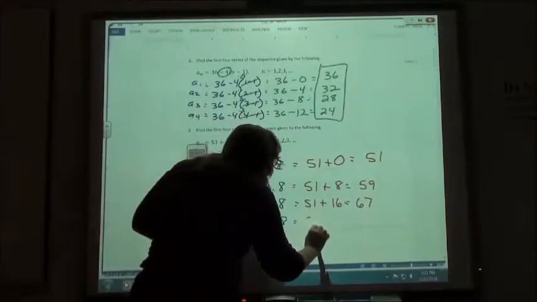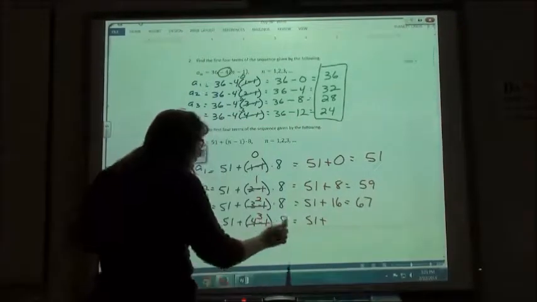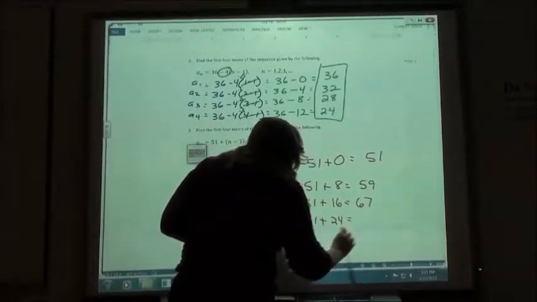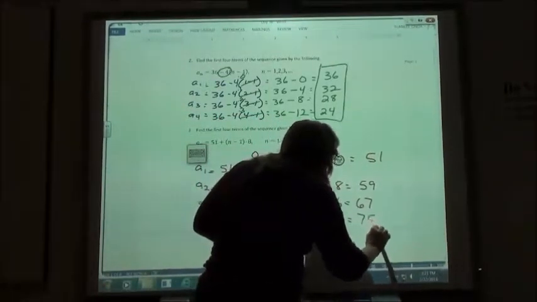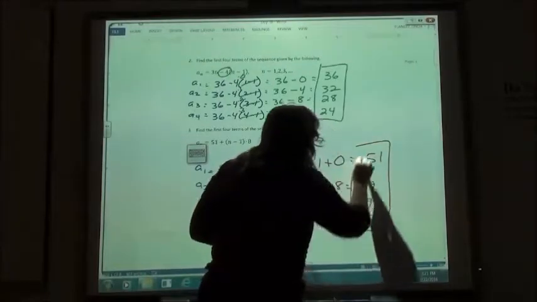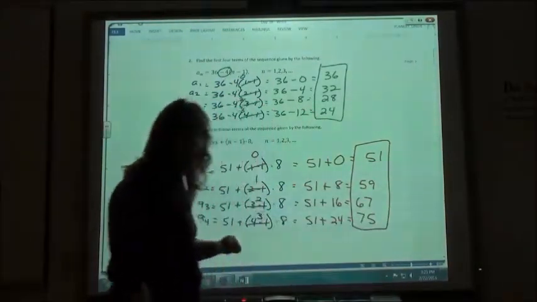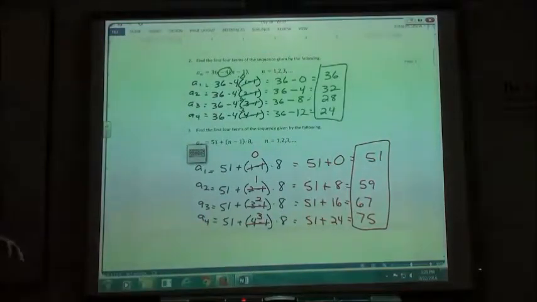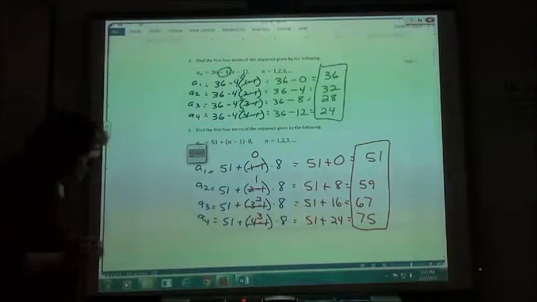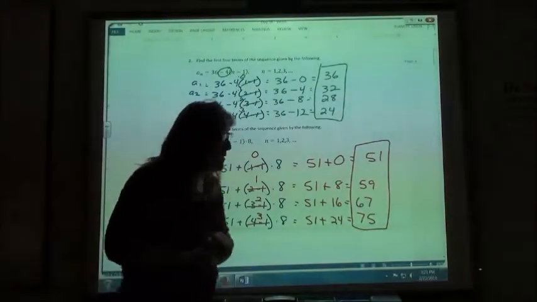And last one, 51 plus 3 times 8 is 24, which gives me 75. So on this arithmetic sequence, we added 8, and added 8 again. In an arithmetic sequence, you're either adding or subtracting the same number from each of the terms in the sequence.